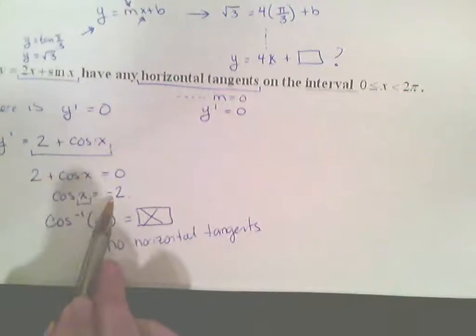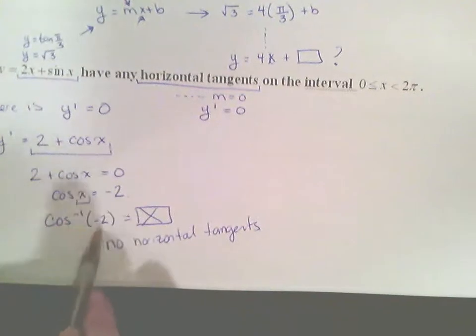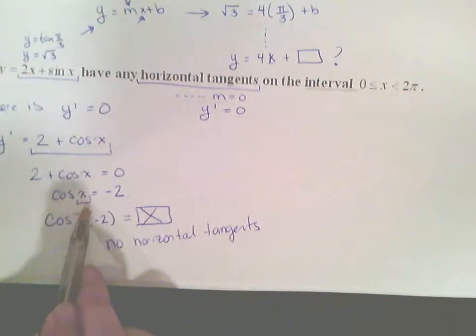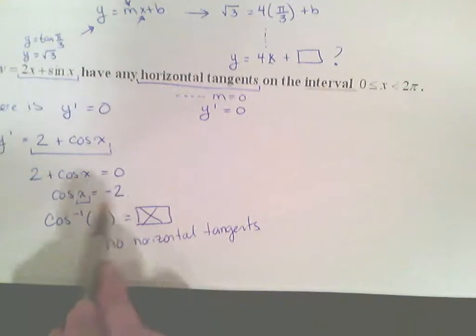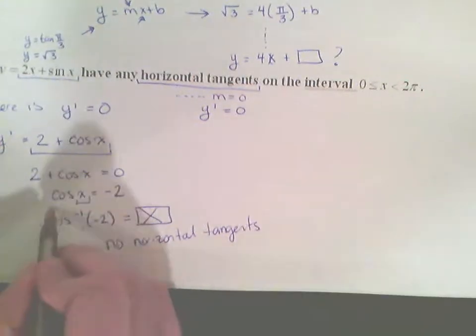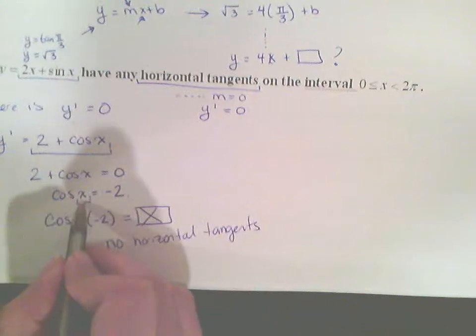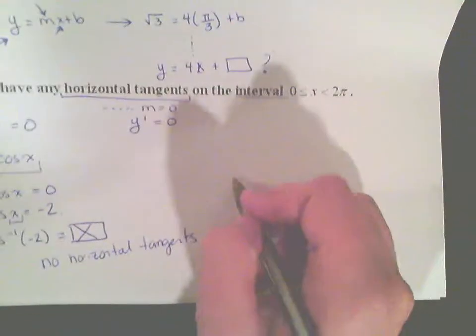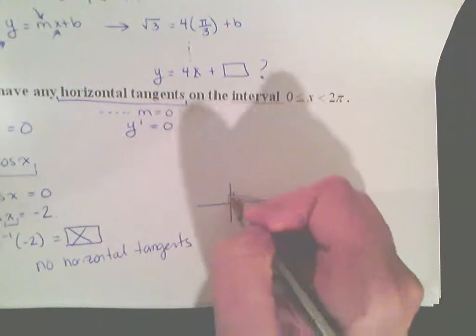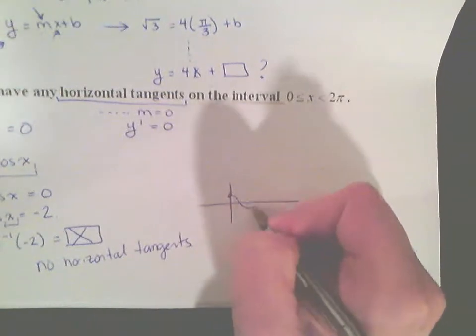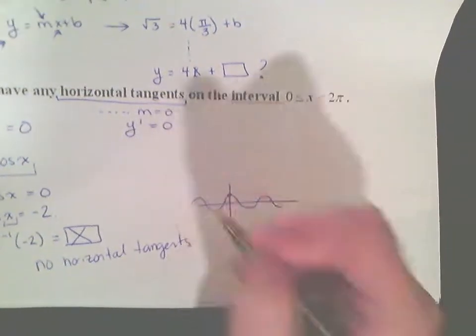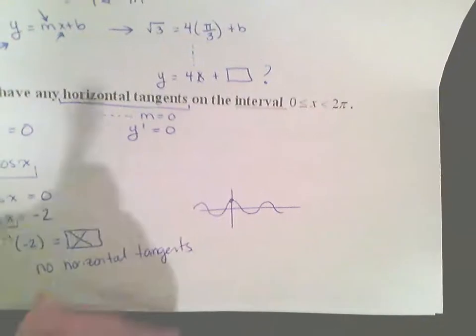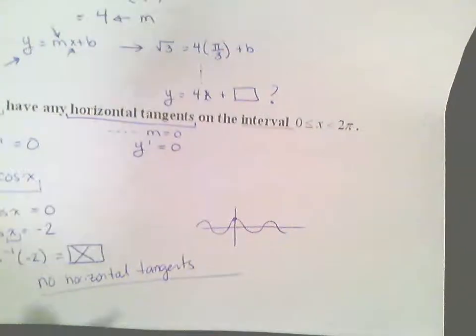Because the only place that it can be 0 is when cosine of x is negative 2, and for this specific function, that's out of range, right? Because cosine of x will never be negative 2, because its highest and lowest points are 1 and negative 1. So no horizontal tangents.